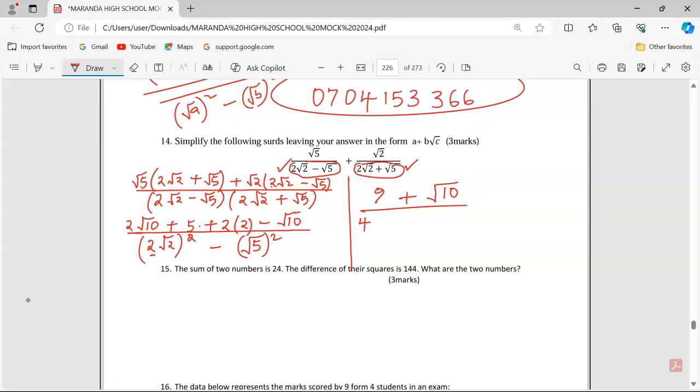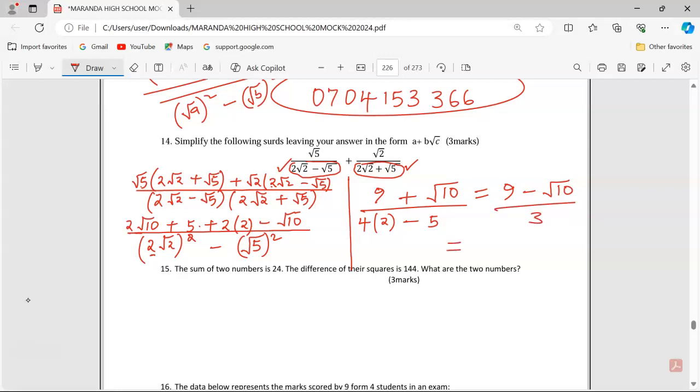Then the root of 2 squared becomes 2, minus the root of 5 squared becomes 5. So this is going to be 9 plus the root of 10 over 8 minus 5, which is 3.